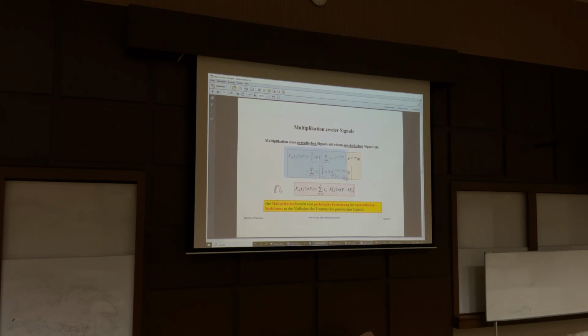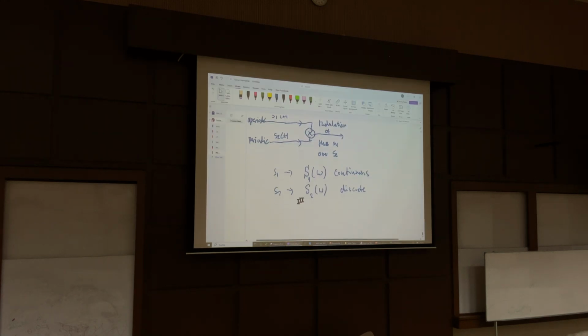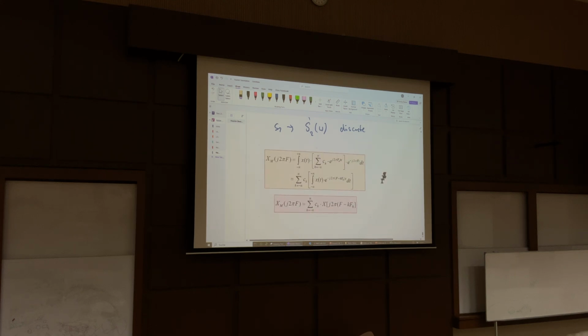And if you look now into this x, this was my S1, that is my S2 of t, and that is the spectrum S multiplied of omega or f, of f or omega.